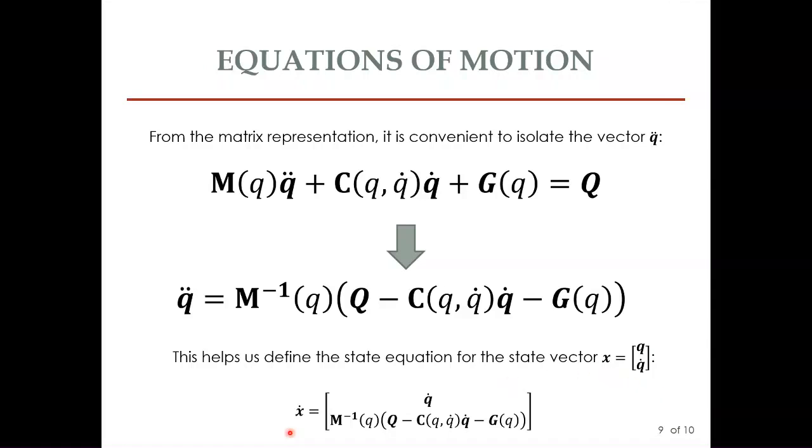And you will define x dot. X dot is q dot and then q double dot, where the bottom line is the isolated q double dot. Okay, so this is how you are always able to do it.